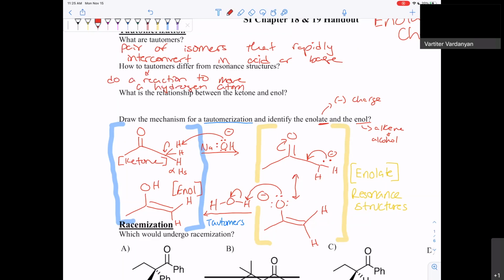Whereas in resonance, we have the free movement of electrons across a molecule.